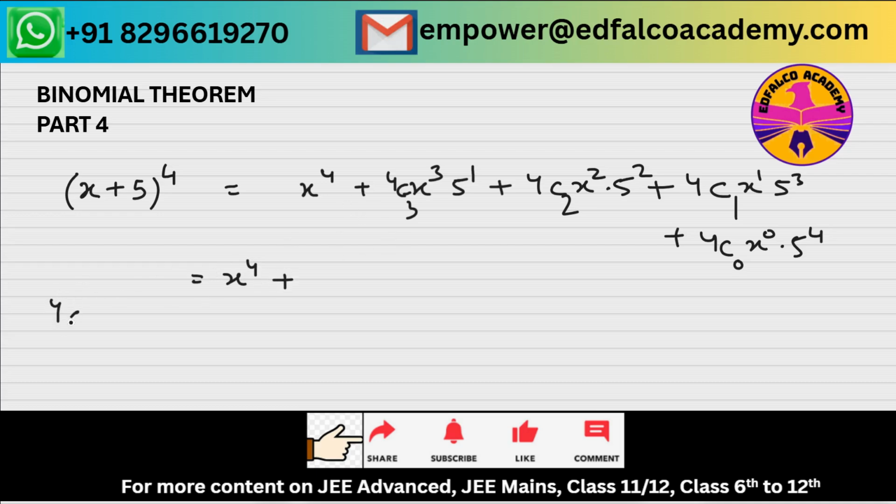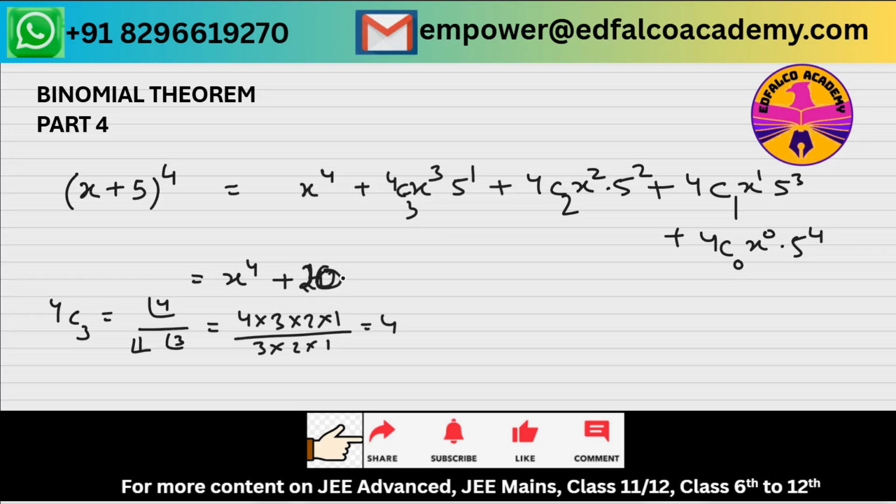What is 4C3? 4C3 is factorial 4 by factorial 3 into factorial (4 − 3), which is factorial 1. This gives 4·3·2·1 divided by 3·2·1, which gives 4. Multiplied with 5 it becomes 20. So 20x^3 will be the second term.